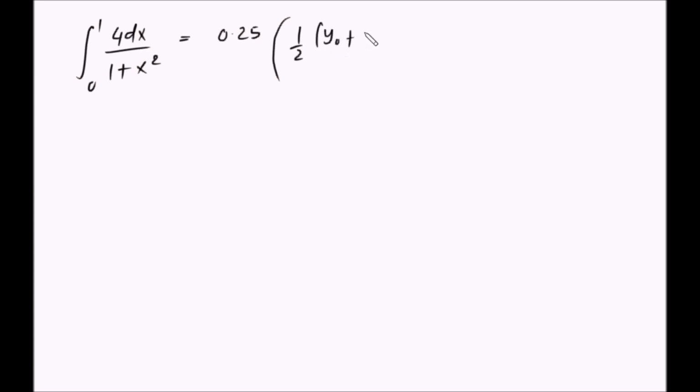So kwa kutumia trapezoid rule tumeona kwamba nikiintegrate huyu 4dx over 1 plus x squared itakuwa ni 0.25 yani h times 1 over 2. So we have y0 plus y4 plus y1 mpaka y3. So this h is 0.25.